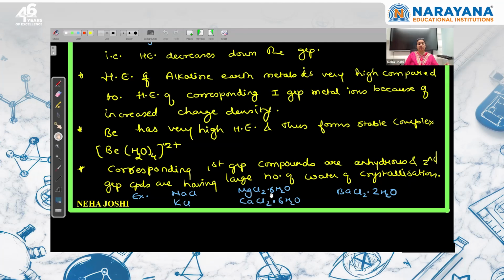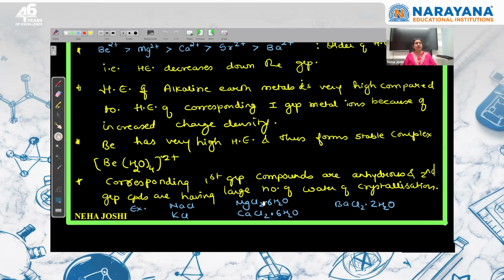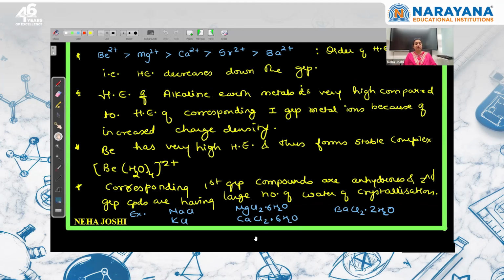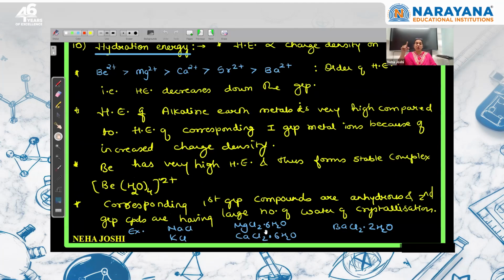MgCl2 forms a hydrated version. If you read NCERT S block, in some places it is written MgCl2.6H2O, at some places MgCl2.8H2O. CaCl2 is fixed at 6, BaCl2 is 2, that is fine. But MgCl2 has variety, because in nature MgCl2 forms hydrates from 1 to 12.